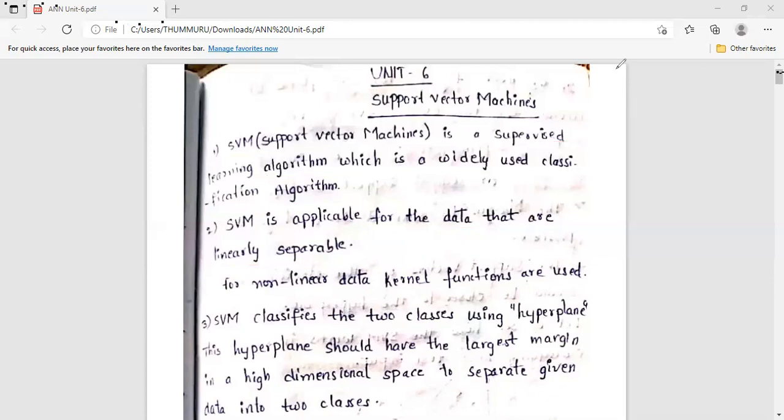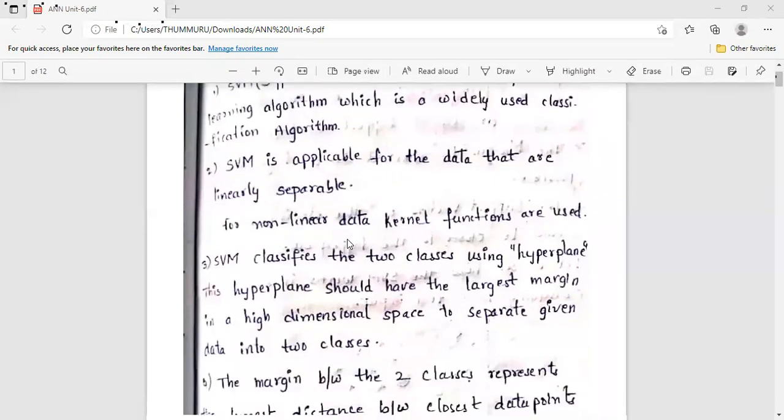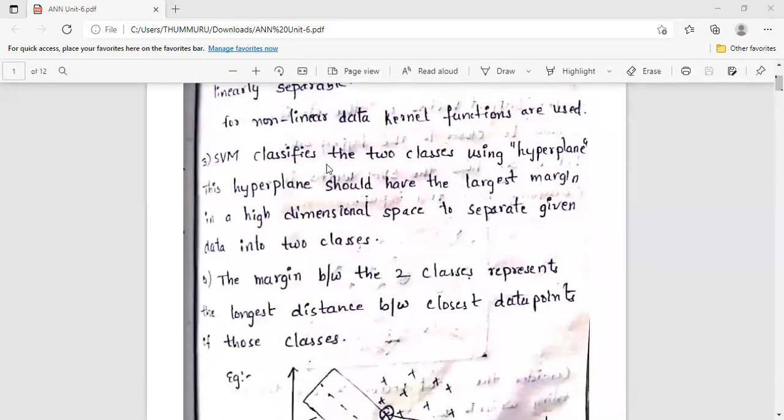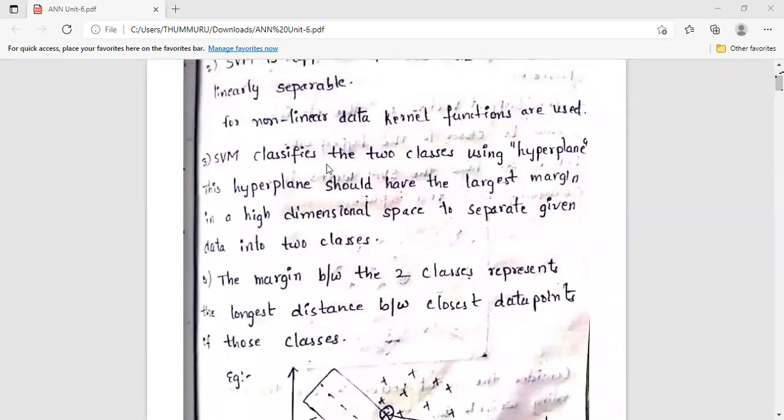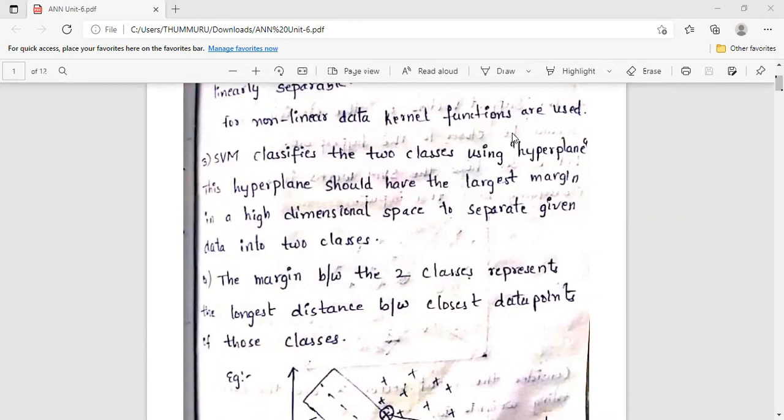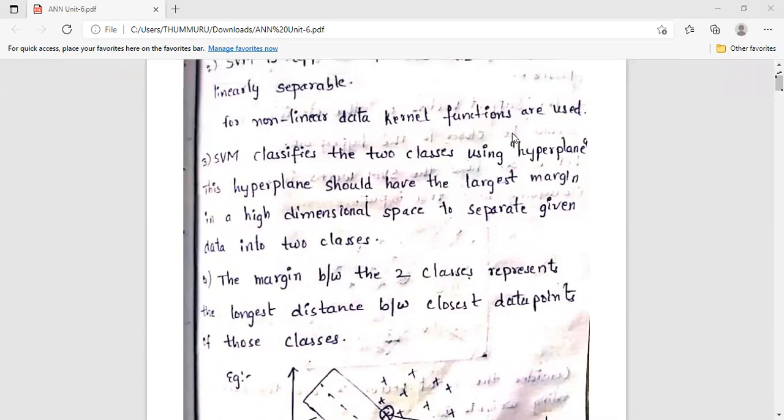Then you will get a clear explanation about the importance of SVM over single layer perceptron and also RBFN, right? First of all, if you have non-linear data, then by using a kernel function, you can separate the data into a number of classes, right?